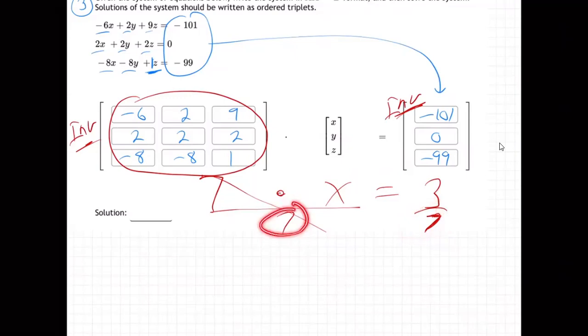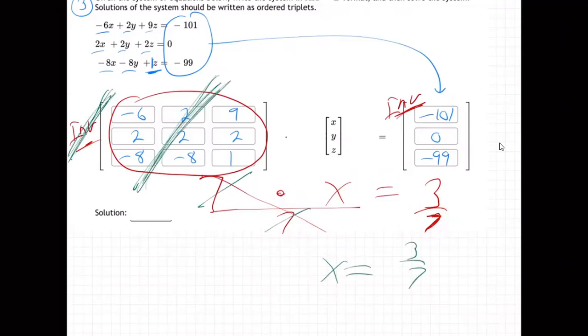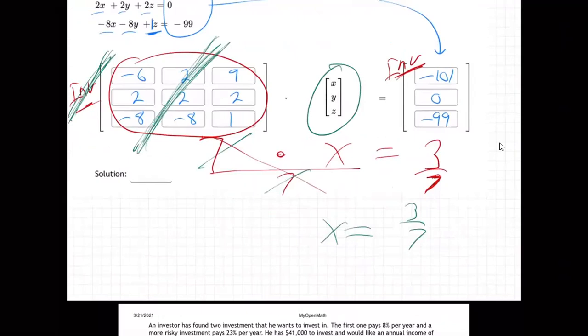So I did the inverse of the number. Here I've got to do the inverse of the matrix on both sides. And what will happen? Well, the same thing that happened down here. What does an inverse do? It'll cancel this out, just like this 7 and this 7 canceled out and x was alone. In the same way, this whole matrix will cancel out, and you'll have the answer matrix alone.